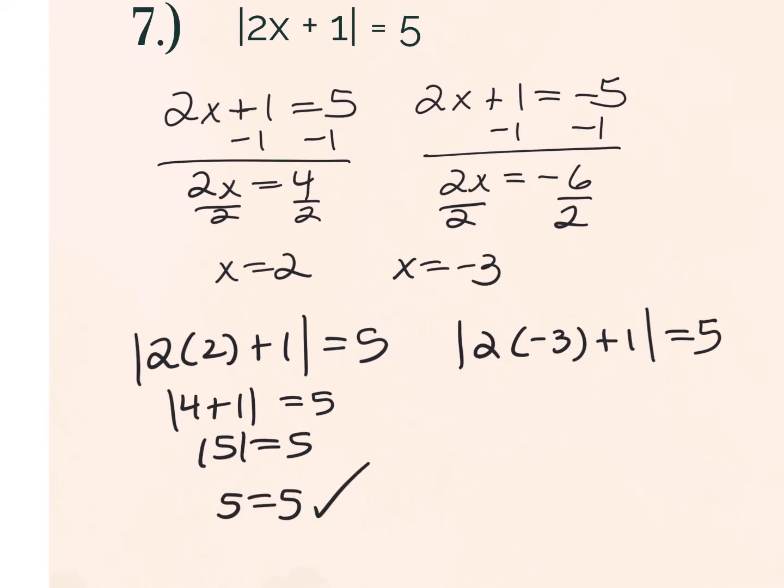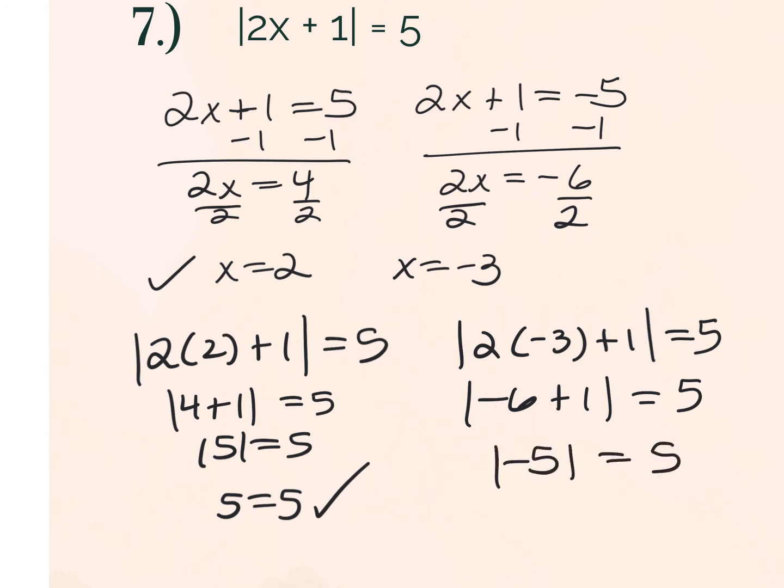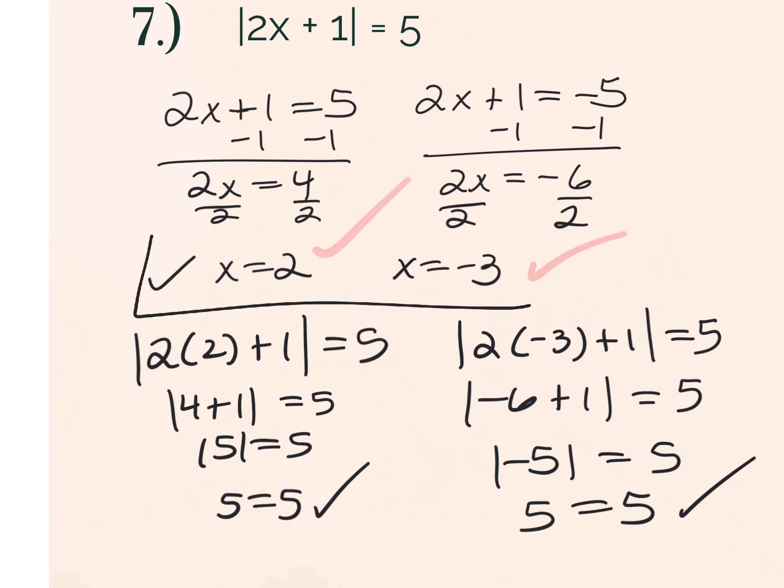This one checks. So this is a good answer so far. Over here, negative 6 plus 1. Negative 6 plus 1 is negative 5. The absolute value of negative 5 is positive 5. This one also checks. So both negative 3 and positive 2 are good answers.